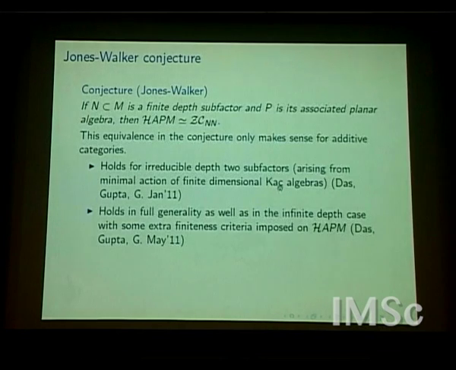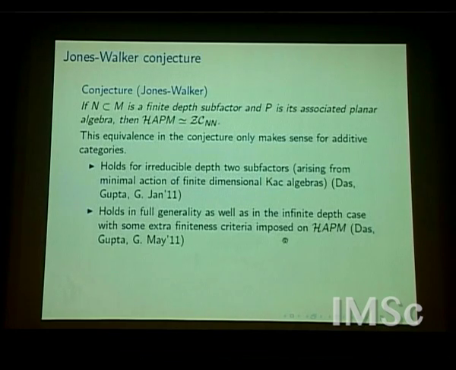So, in the infinite depth case you have to put some extra finiteness criteria in the Hilbert affine P module. Otherwise, it is not true, which comes for free if you take the finite depth case. So, the conjecture is true, but in the infinite depth case you have to modify it if you want to establish the equivalence.